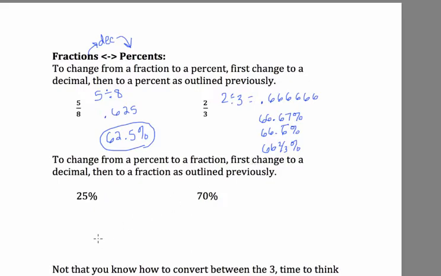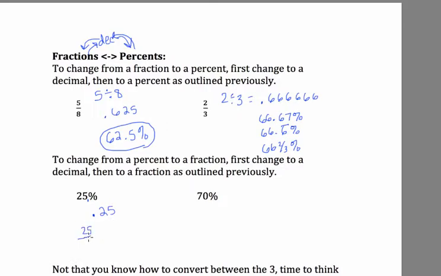To change from a percent to a fraction, first change to a decimal, and then from the decimal back to the fraction. So again, go percent to decimal, and decimal to fraction. 25%, to change that to a decimal, 0.25. You may know that 0.25 is 1/4, but if you don't, 0.25, that's 25 hundredths.